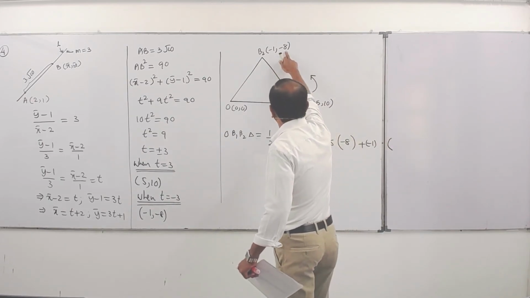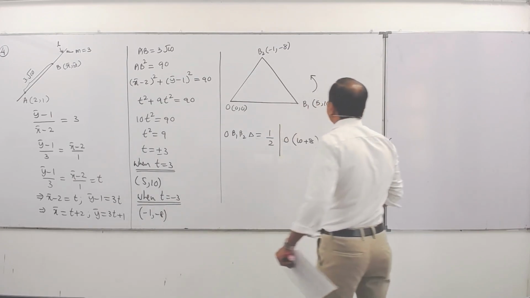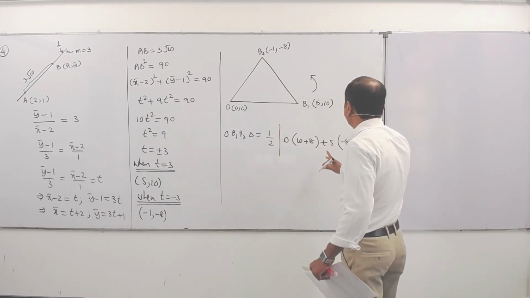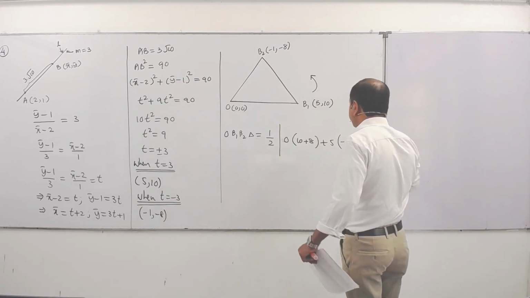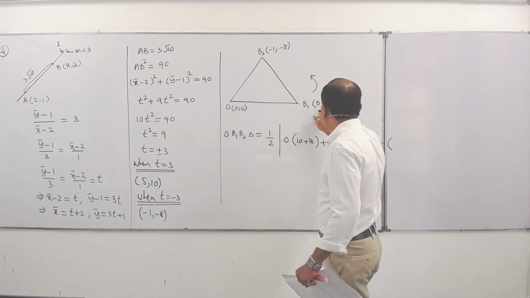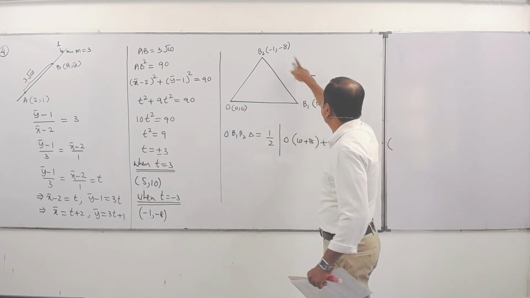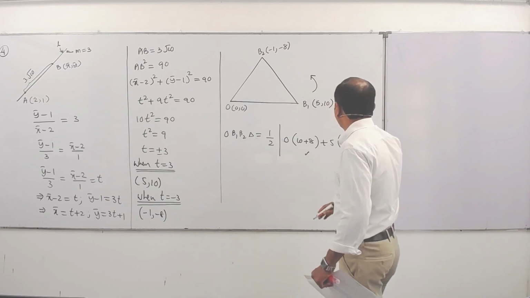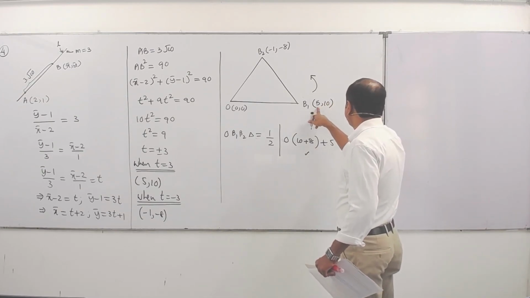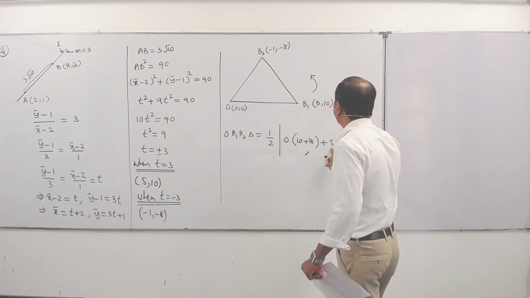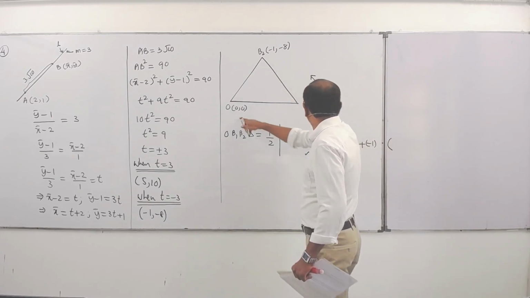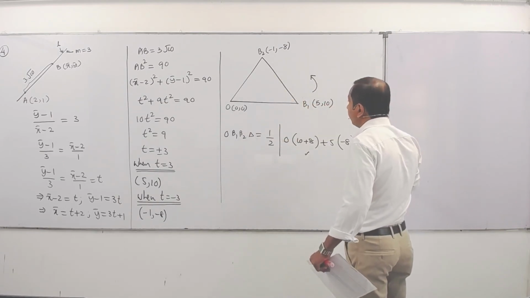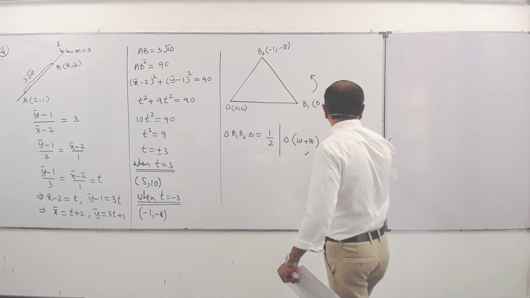Then minus 8 minus 0, no? Right. So first we kept this 0, 10 minus minus 8, this is correct. Come to 5 here, keep 5 here, minus 8, 0, and then minus 1, 0 minus 10.